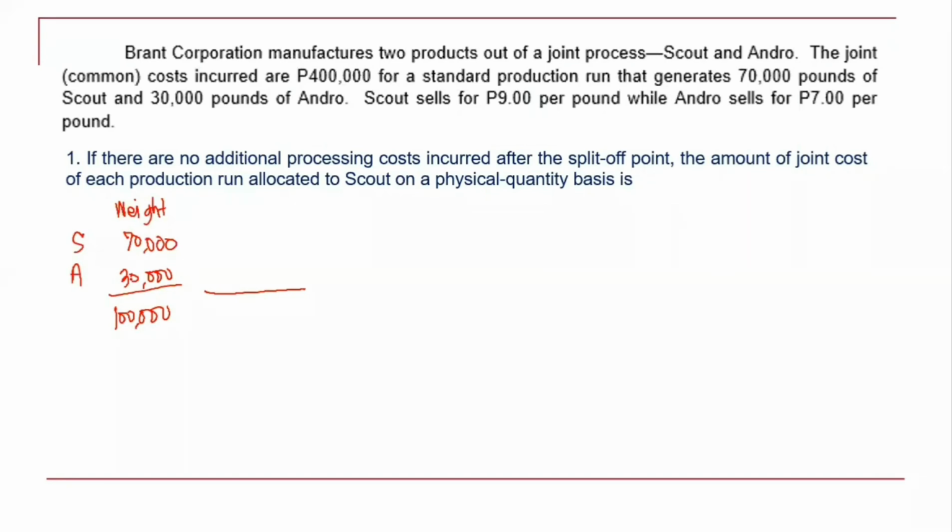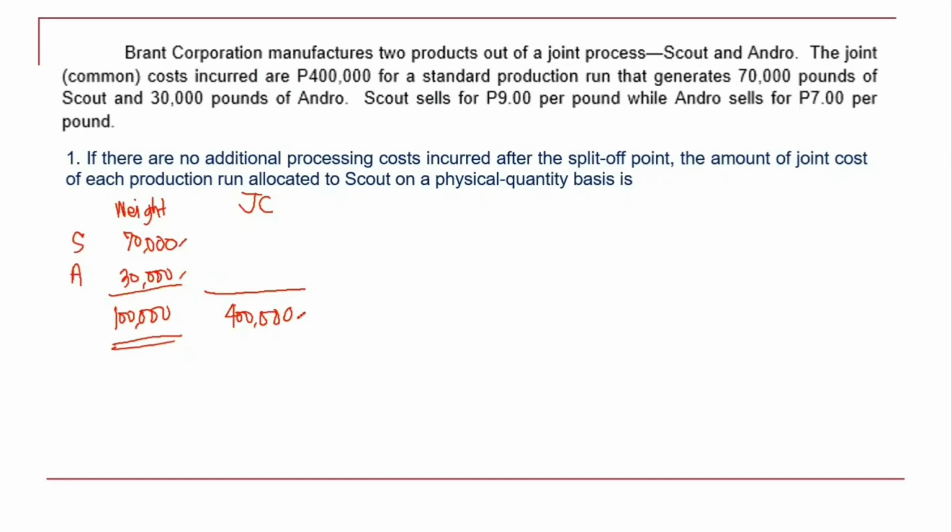So ito na po yung physical quantity natin. So 100,000 yung total. Ang joint cost natin ay 400,000. So what do we do? We just allocate the joint cost of 400,000 based on the weight of Scout and Andro. So magkano mapupunta kay Scout?